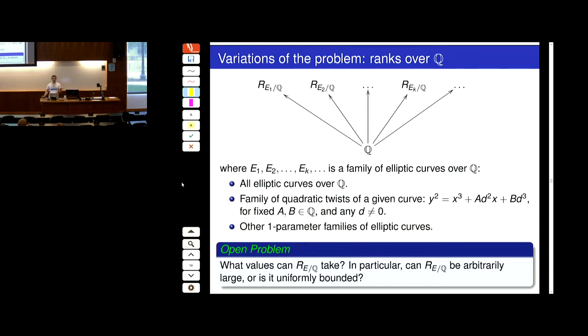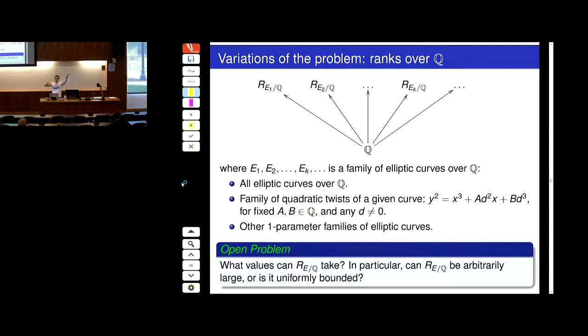And there's been a zigzag of opinions. First, people had no opinion. Then people thought that it was bounded. Then there were some results over function fields that the rank is unbounded. And because of the comparisons between Q and function fields, like what Christelle was saying, they said, is it true over function fields that the ranks are unbounded?